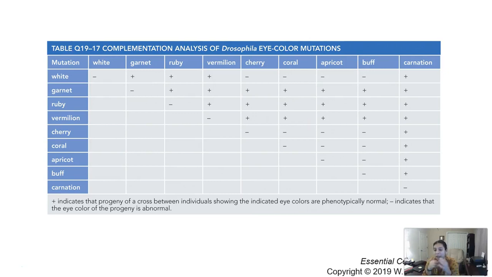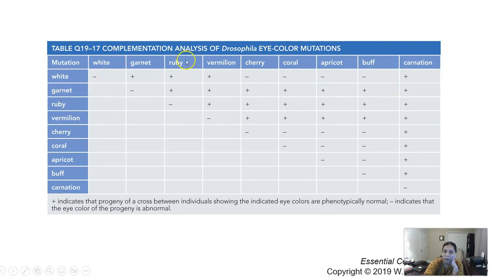It's called a complementation analysis chart, and we can utilize this to figure out how many genes are involved in that particular observable trait, and which mutations complement each other, which ones don't, and which one of this multiple range of phenotypes that we are observing are coming from mutations from each one of those genes. Those would be what we call a complementation group. So in this chart, I have all the possible observable traits on the top and on the side, and I essentially create a cross between all of these possibilities.